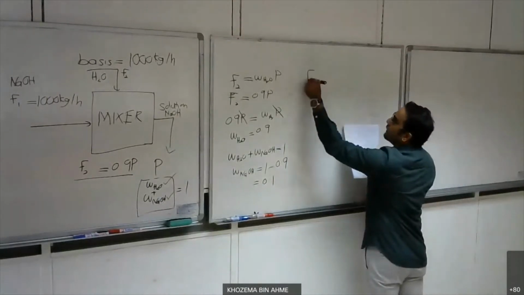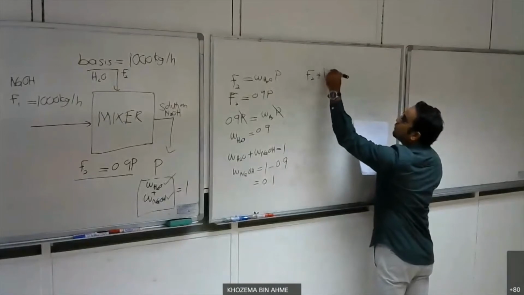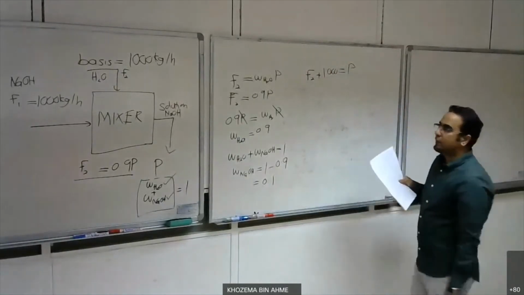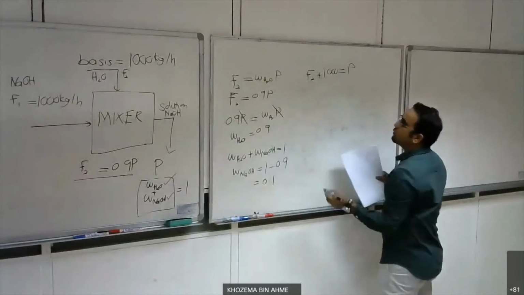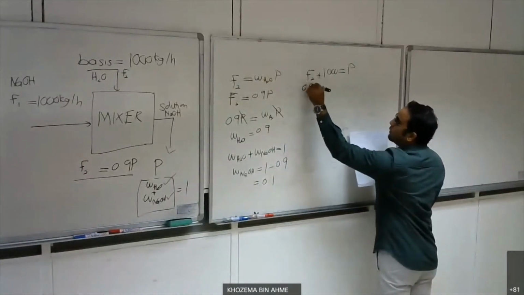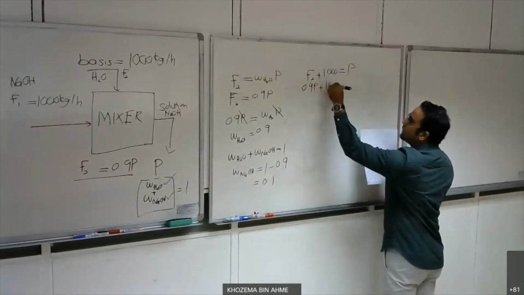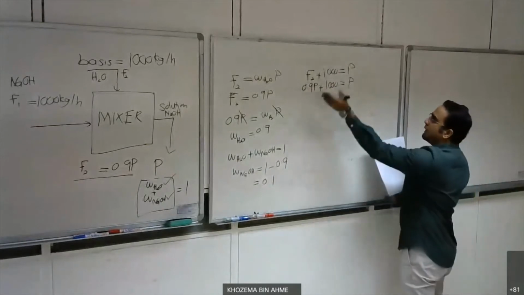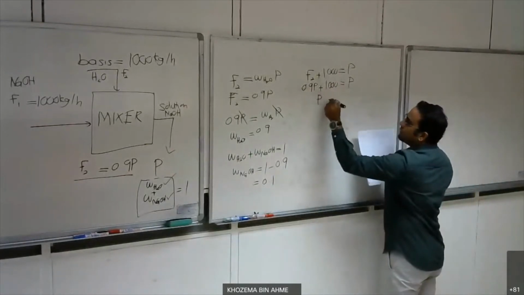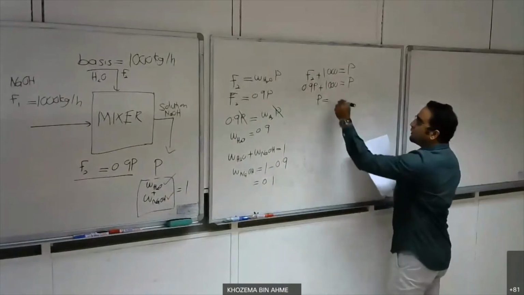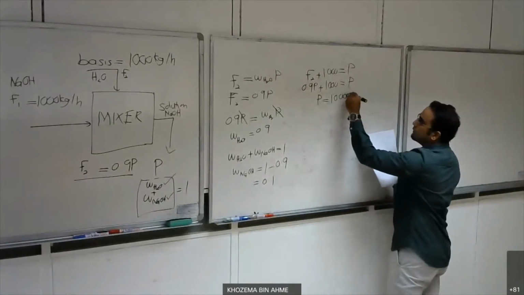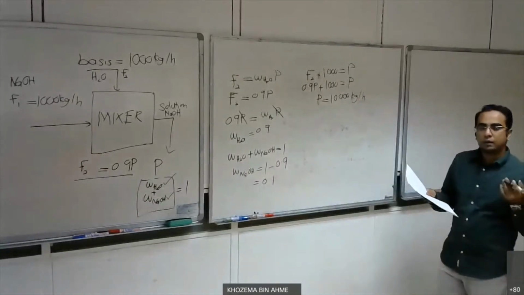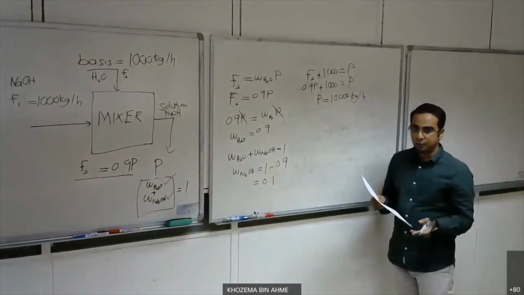I know that F2 plus 1000 is equal to P. Since F2 is equal to 0.9 P, I can write 0.9 P plus 1000 is equal to P. So you subtract and you get P is equal to 10,000 kg per hour. Remember, units are very, very important.